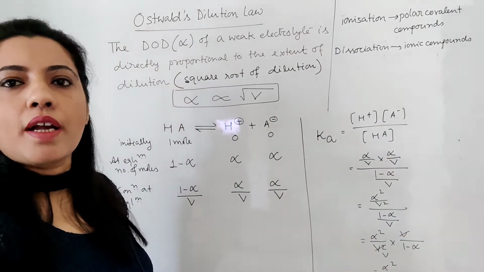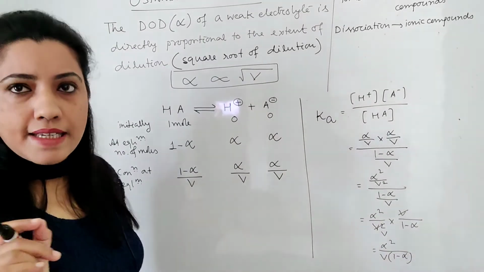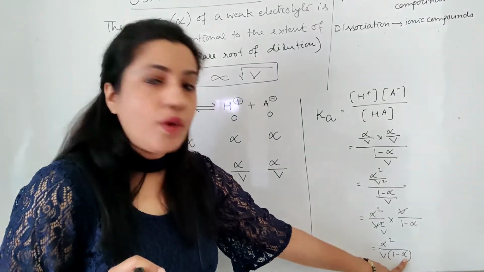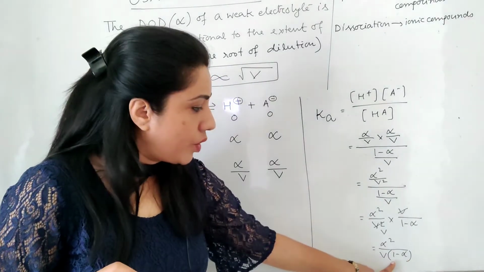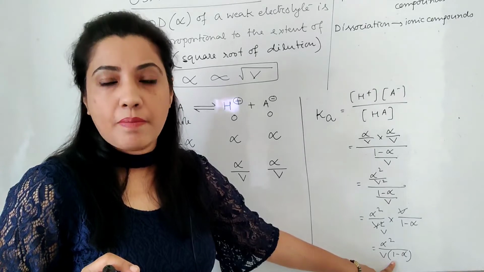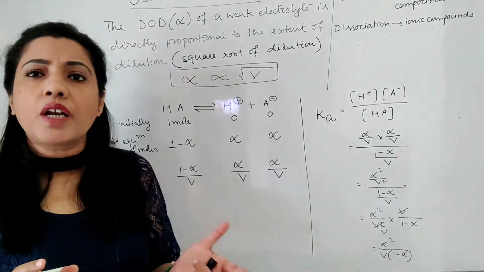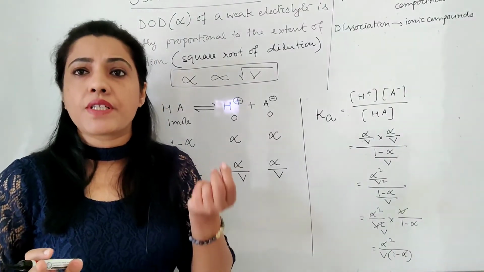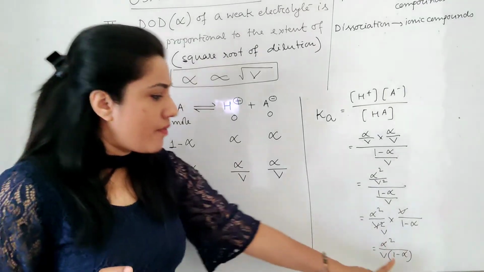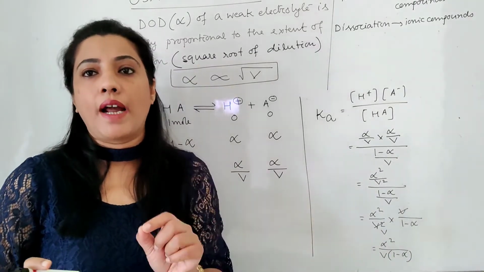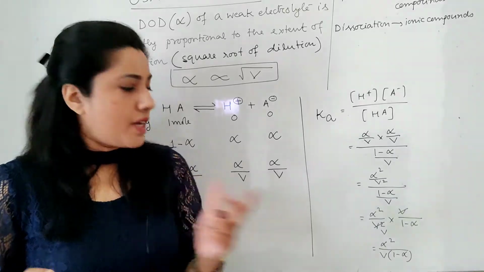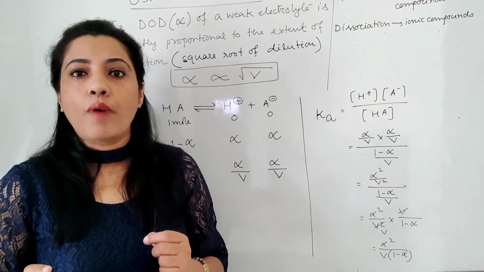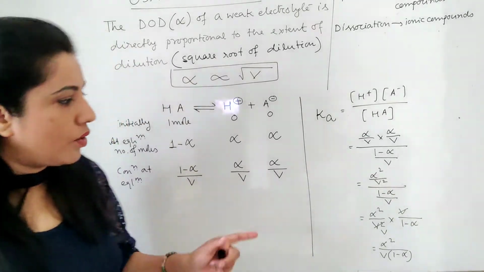Now since we are talking about a weak acid, the value of alpha compared to 1 will be very less, because weak acid means they will be dissociated only 4%, 5%, 3%, 2%. That means the value of alpha will be 0.05, 0.04. So it will be very less as compared to 1, so we can neglect the value of alpha.